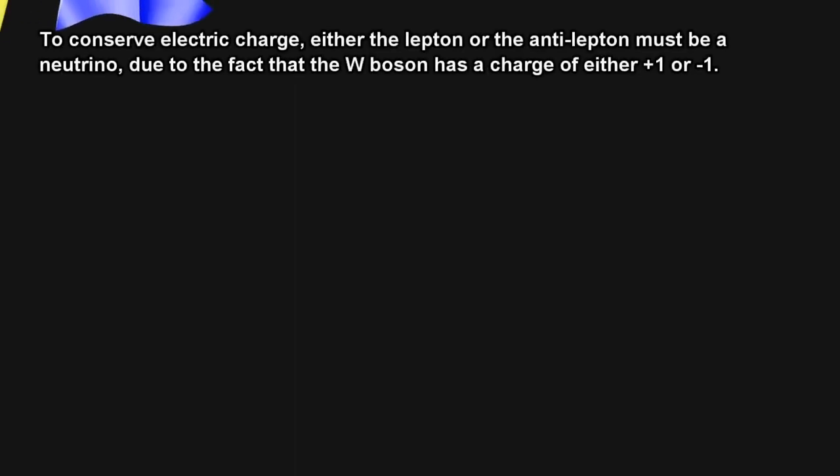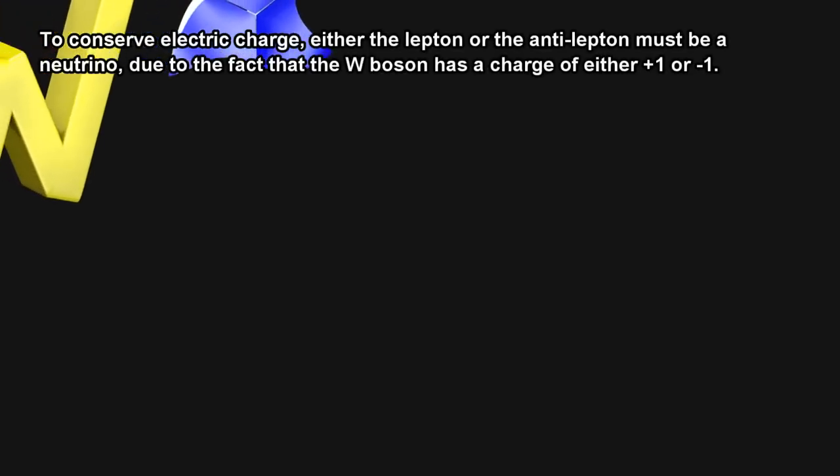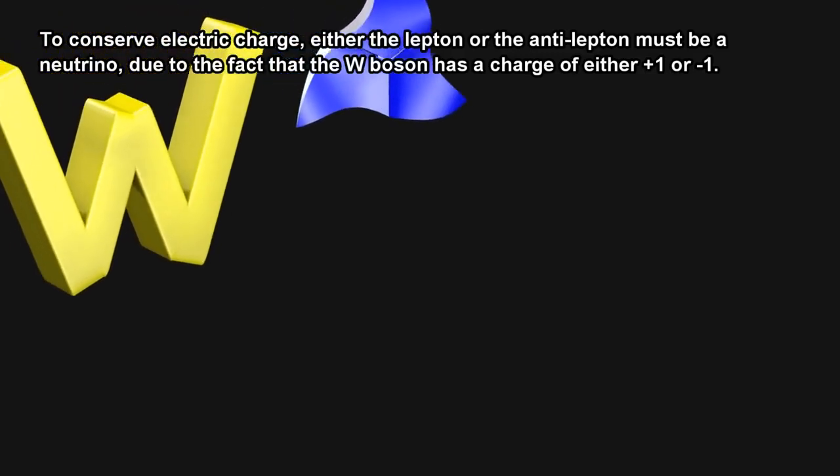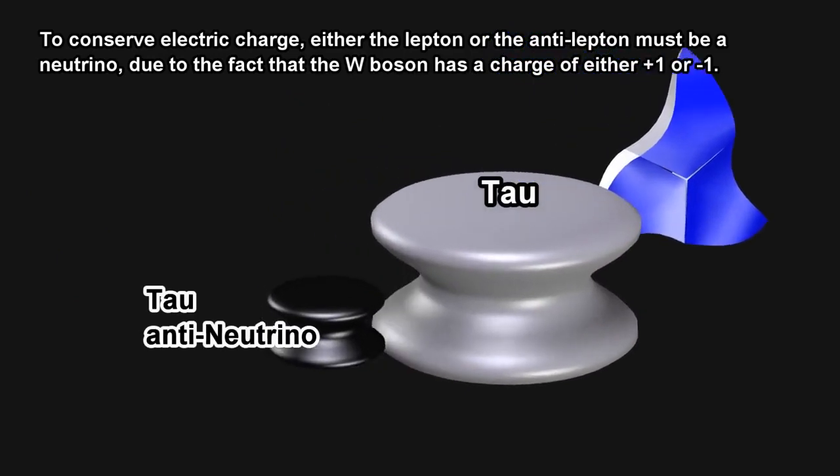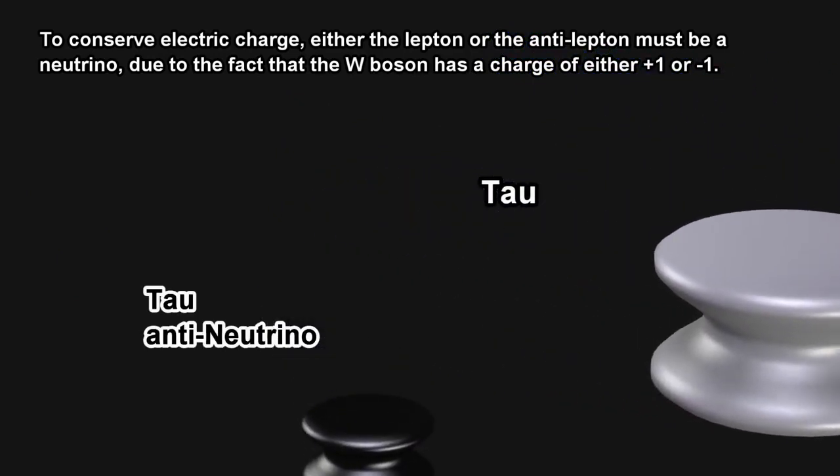To conserve electric charge, either the lepton or the antilepton must be a neutrino, due to the fact that the W boson has a charge of either +1 or -1.